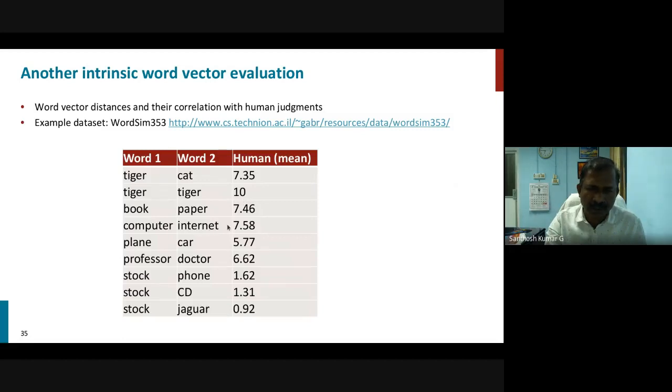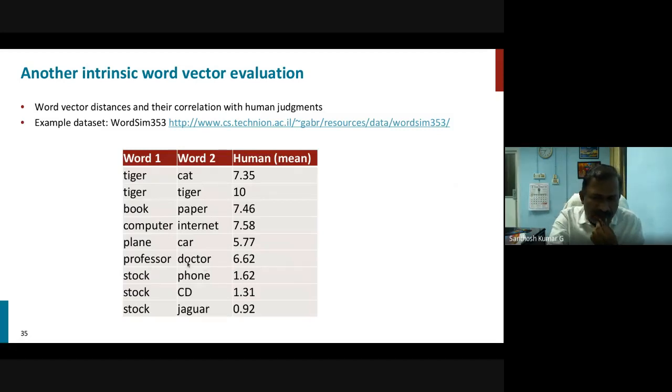Computer and internet, maybe computer science people will not agree with this, but for a layman, computer and internet are somewhat closer, right? A plane and car, not that much closer, but there is a value given, but both are used for maybe traveling from one place to another place.